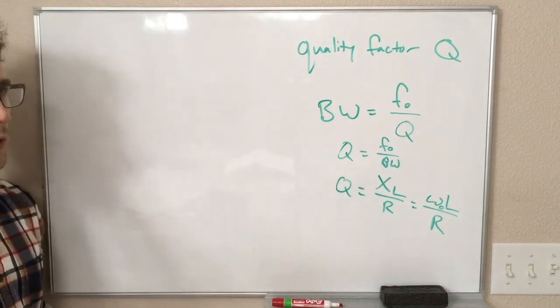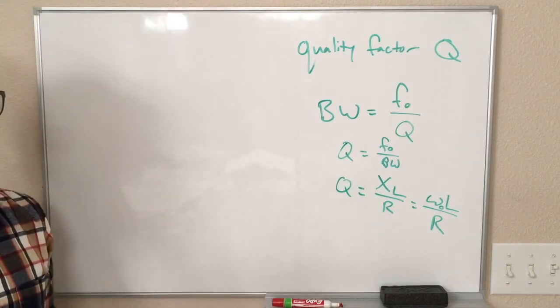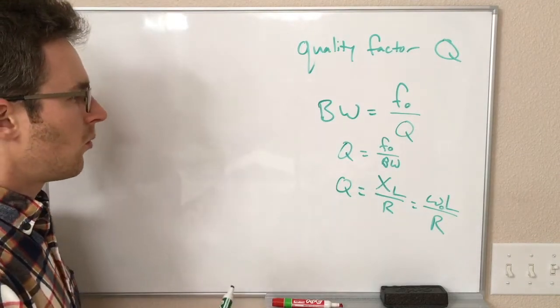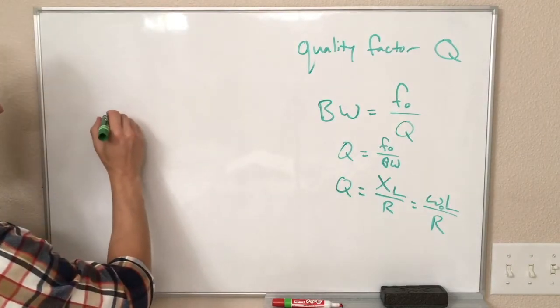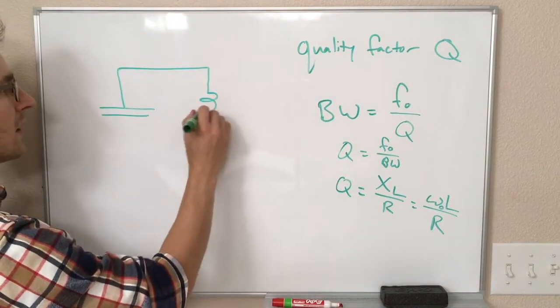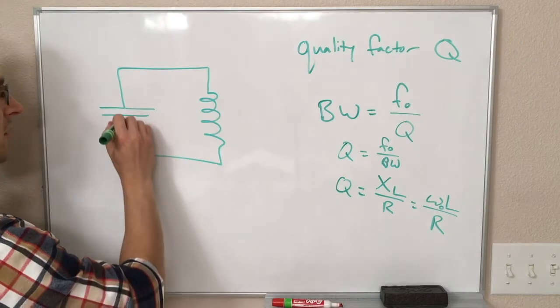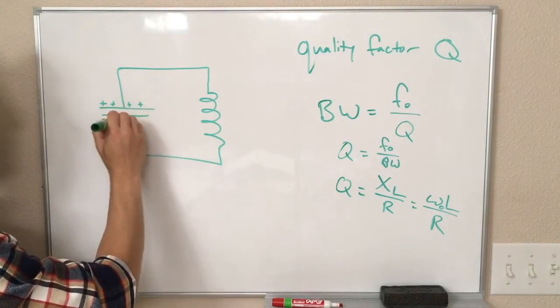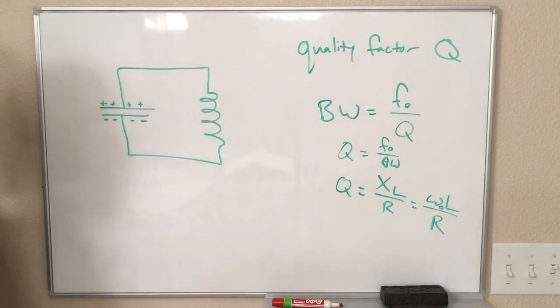So I want to talk a little bit about what's happening in terms of the physics in this situation. So when we have an inductor and a capacitor connected together, and let's say the capacitor starts out charged, right? So there's charge stored on the capacitor.